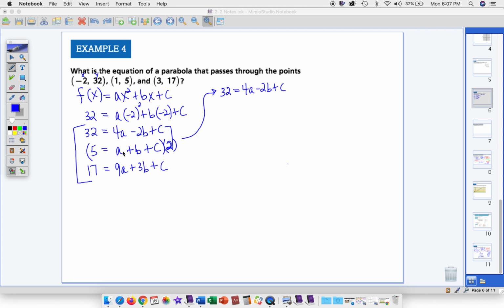Remember, everything gets multiplied by 2, starting with the 5. So that becomes 10, and then I'll have 2a plus 2b plus 2c. The b's drop out, and then I add everything. So 42 is equal to 6a plus 3c.